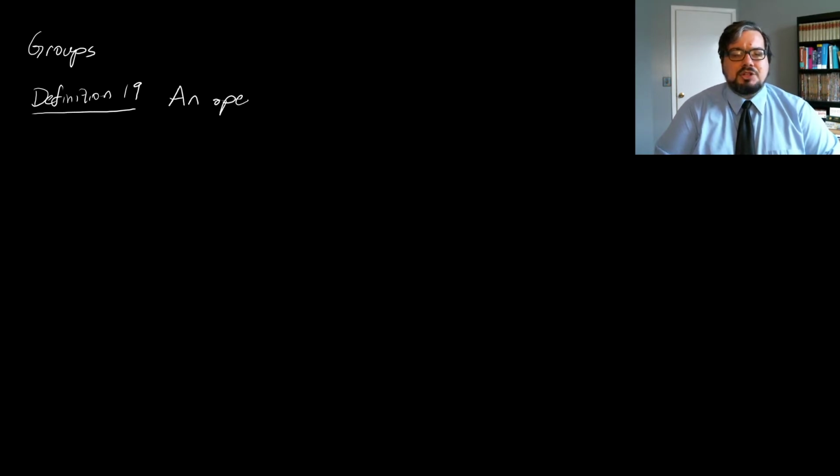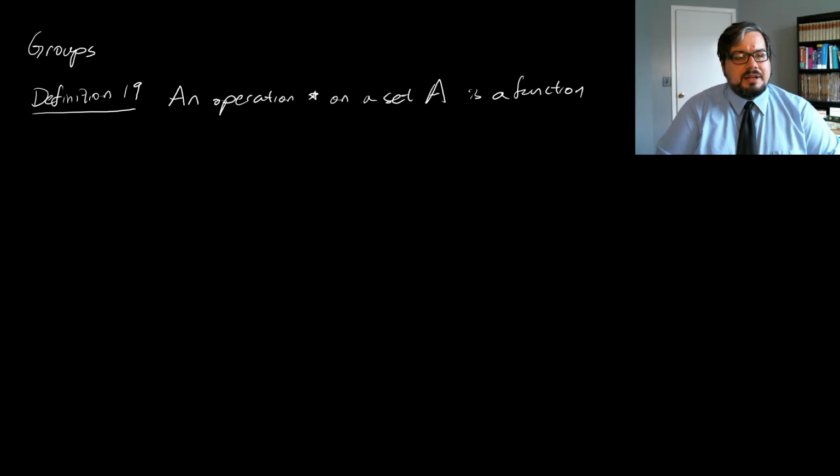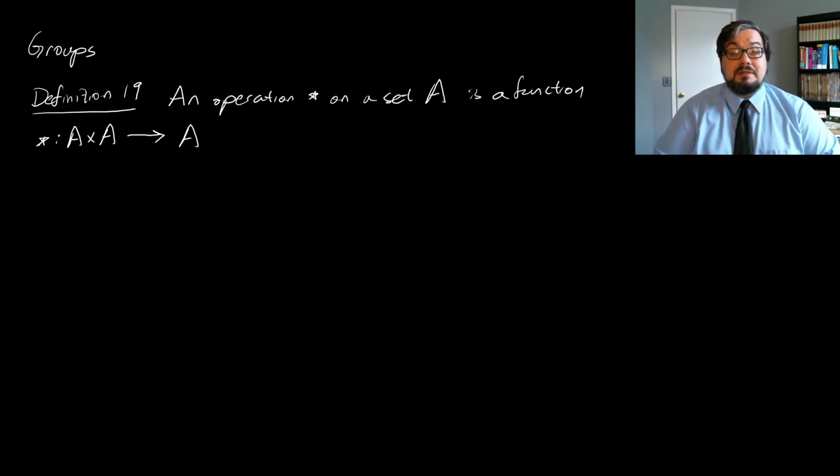An operation, which I'll denote star, on a set A is a function which goes from a pair of elements coming from A and gives something in A back.